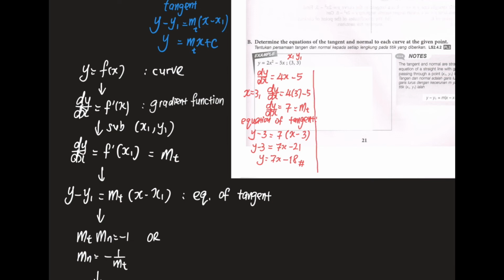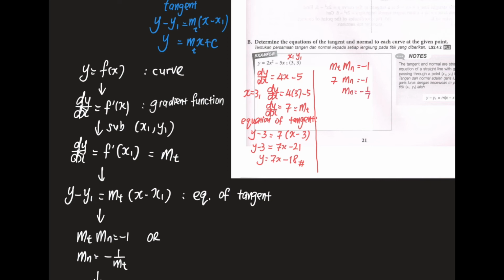Okay, now equation of normal. So you see the next steps. We have to use the perpendicular formula to find m_n, the gradient of normal. So gradient of tangent times gradient of normal equals -1. Gradient of tangent is 7.